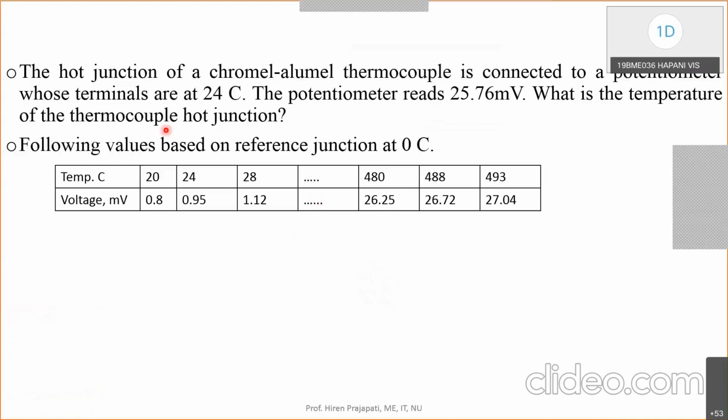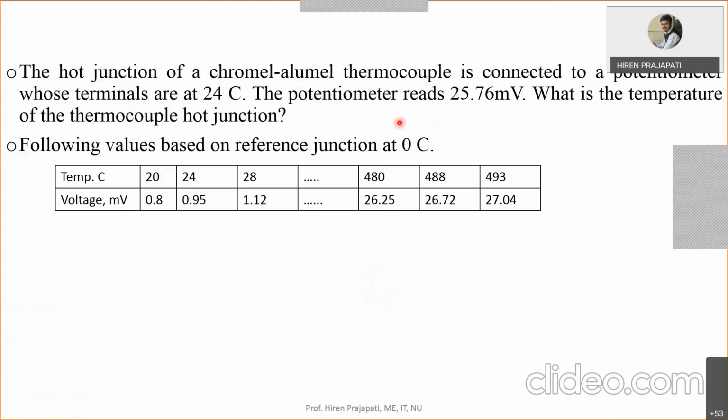Yes, sir. So again, a similar example: the hot junction of a chromel-alumel thermocouple is connected to a potentiometer whose terminals are at 24 degrees Celsius. The potentiometer reads 25.76 millivolts.